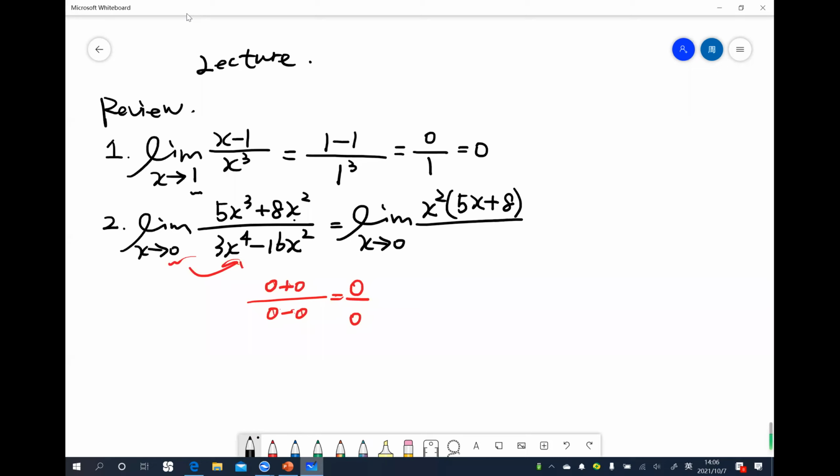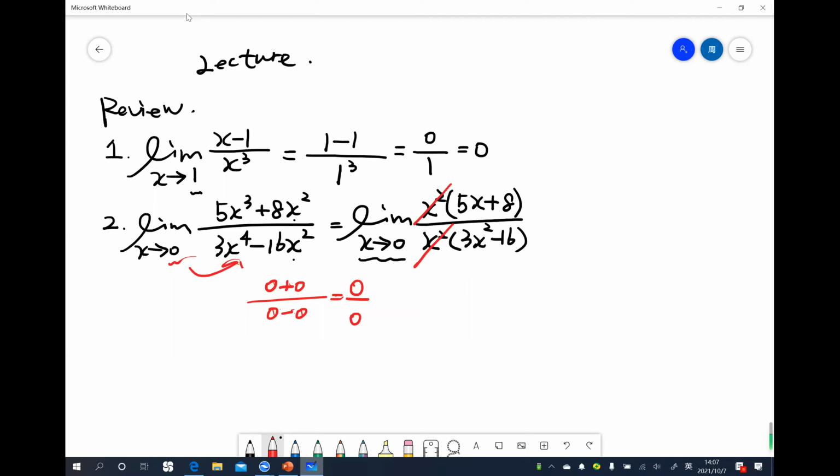And for the denominator, we can also take the common factor x squared out, so that equals x squared times (3x squared minus 16), right? Here, as x approaches 0, that means x does not equal 0. So x squared can be cancelled here, and that equals (5x plus 8) over (3x to the power 2 minus 16).